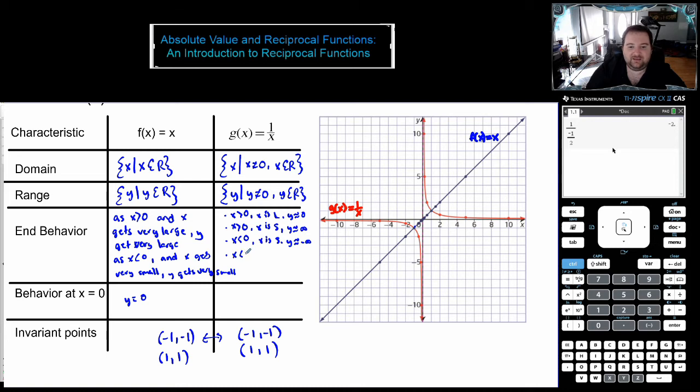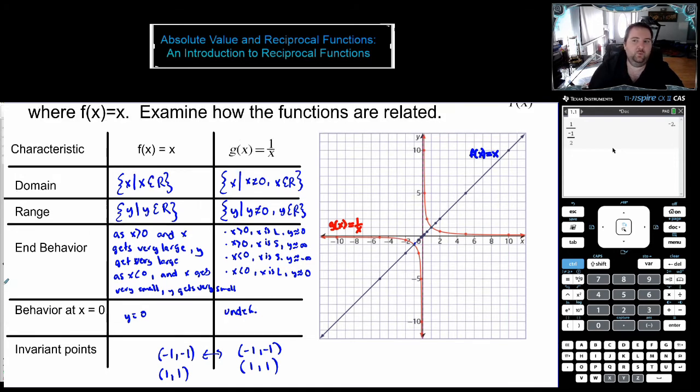And when x is less than 0 but x is a large negative number, y is going to approach 0 again, but this time from the negative side. That becomes really interesting. What's the behavior at x equals 0? It's undefined there. There's a vertical asymptote. And the invariant points, we got them.